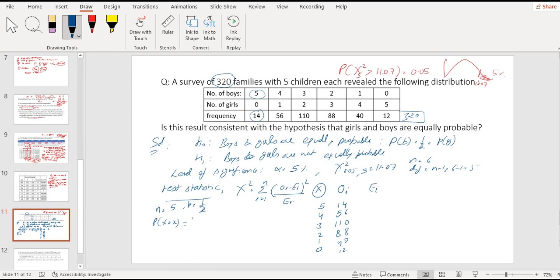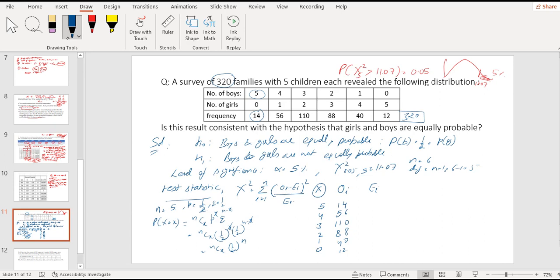So what is the formula? nCx p raised to the power x, q raised to the power n minus x. Because p is 1 by 2, q is also 1 by 2. So the formula is nCx (1/2) raised to the power x into (1/2) raised to the power n minus x. So the powers combine, giving nCx (1/2) raised to the power n. This is the formula, right?